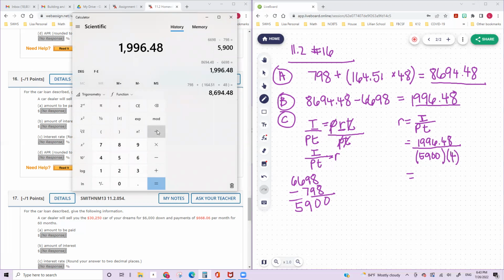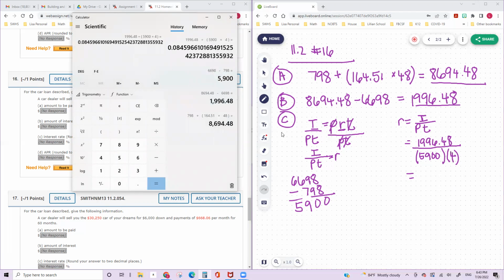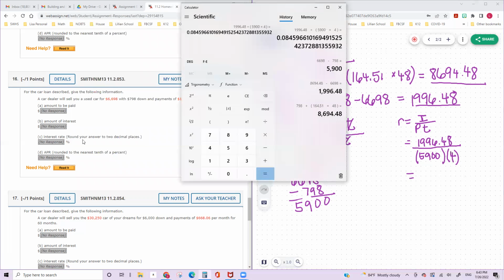All right, now what we're going to do is just do this math right here on my calculator. So let's do 1996.48, and we're going to divide that by 5,900 times 4. And so this is what you get. You get this big long decimal. Now it says to round your answer to 2 decimal places.